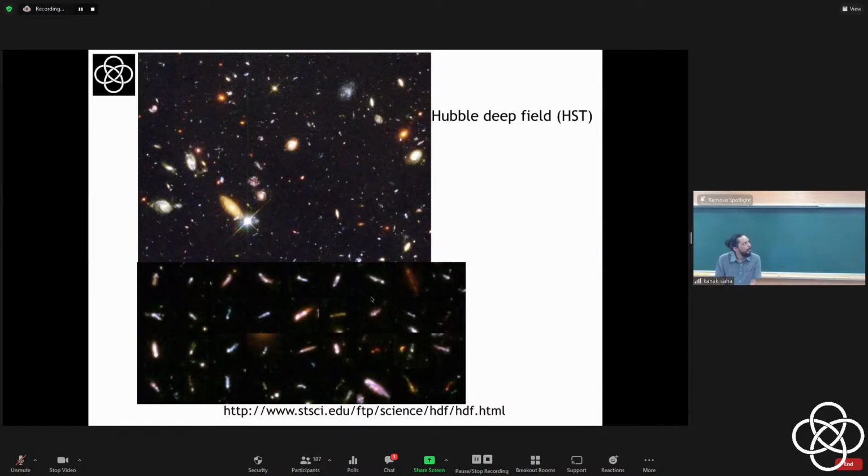I'm hoping that you understand what redshift is. Redshift 1 would be when the universe was half its age, so around 7 to 8 billion years.